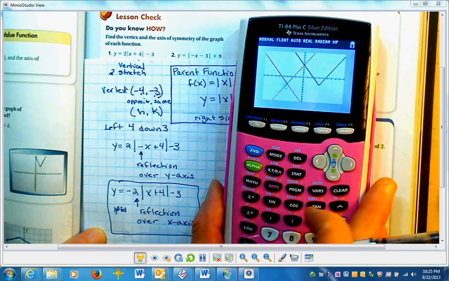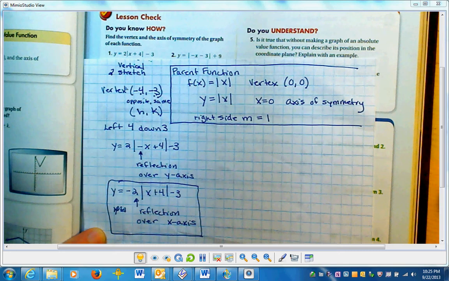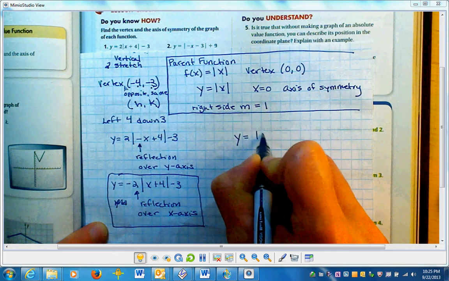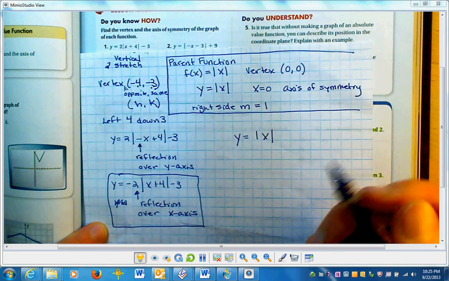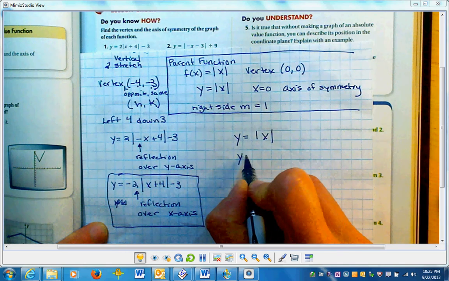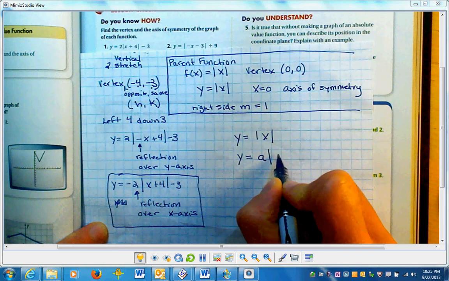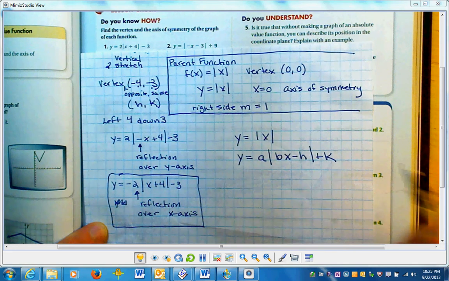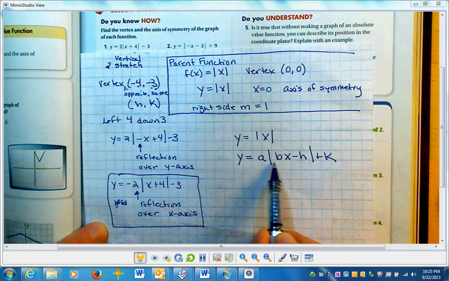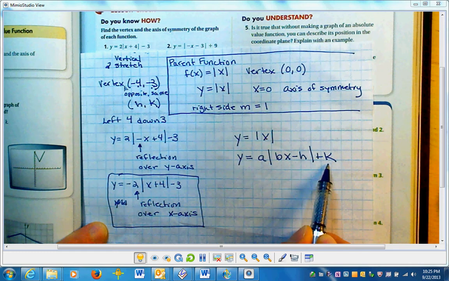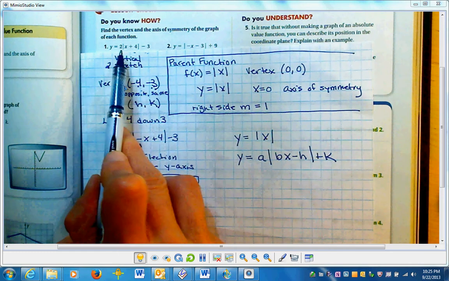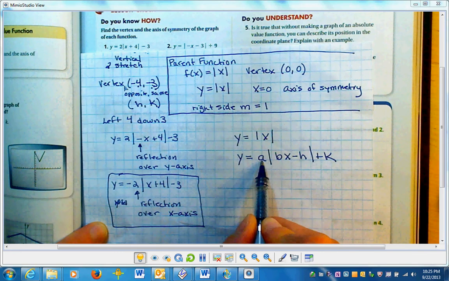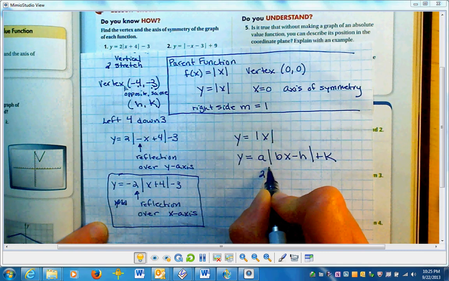Okay, so one last thing I want to say to you is that when we have our parent function, it looks like this. But things can happen to our parent function. So a number of things can happen to our parent function. And you can see I've put some letters around that x. So we saw up here when this 2, that's just like our a here, that would be like 2.